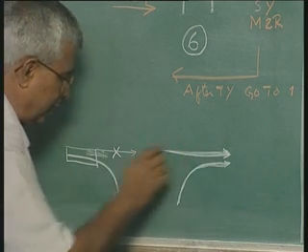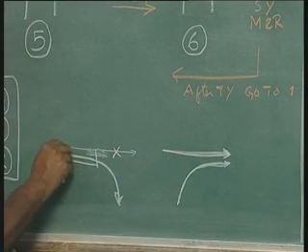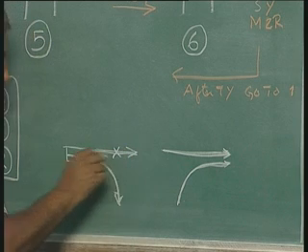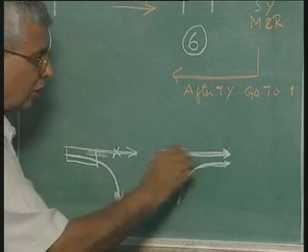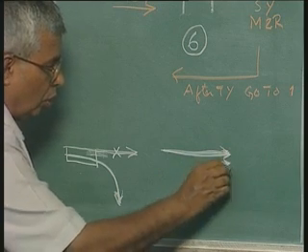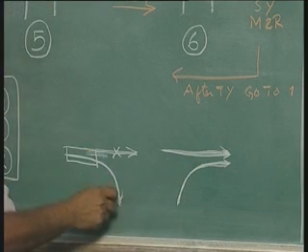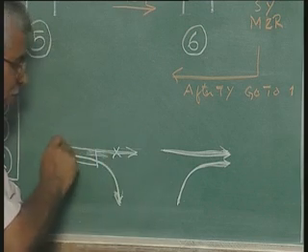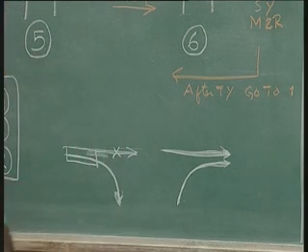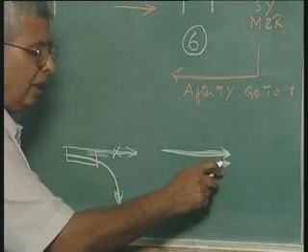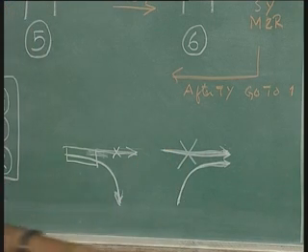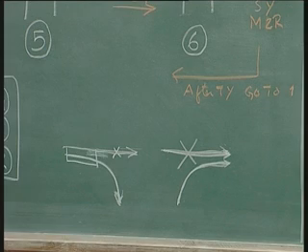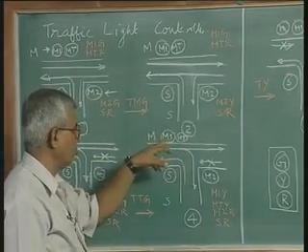In order to avoid this, while I am allowing this traffic to continue when this is allowed, I am not allowing it to continue when the other is allowed. From main to side, I am allowing the main street traffic from left to right, whereas from side to main, I am not allowing the main street traffic from left to right. That means I do not want this to happen, which means I should not only make this MT red, I should also make M1 red.